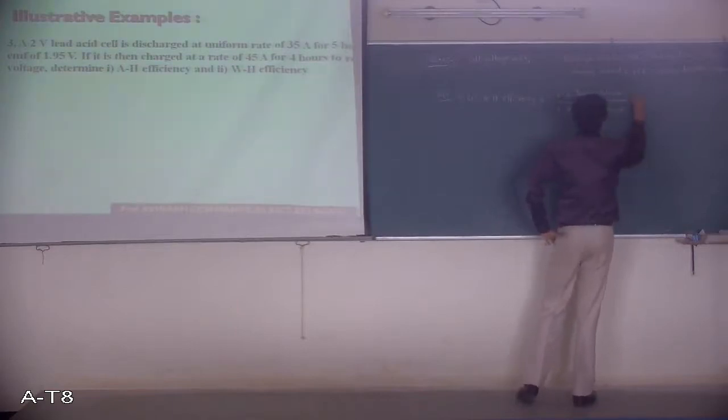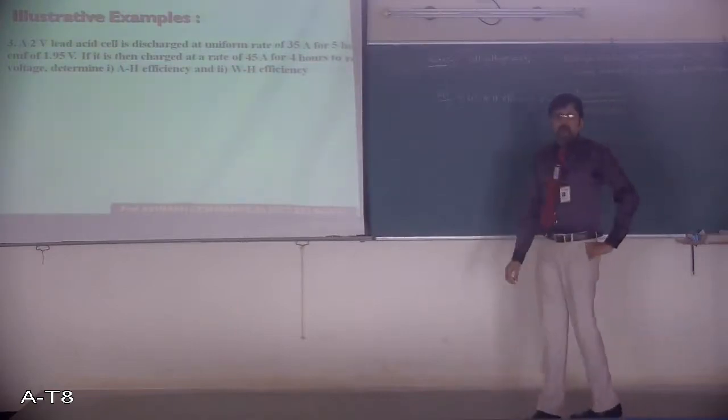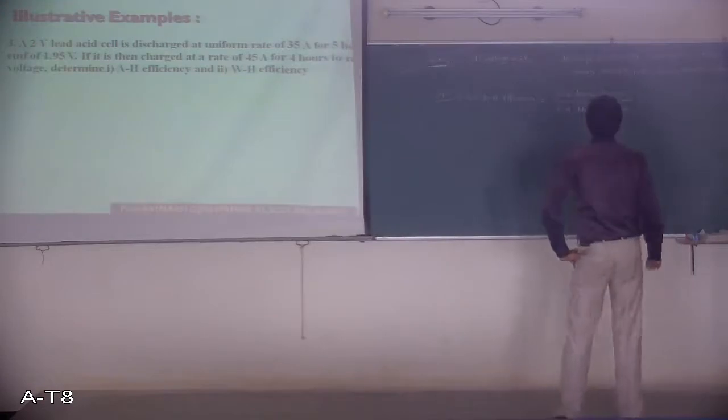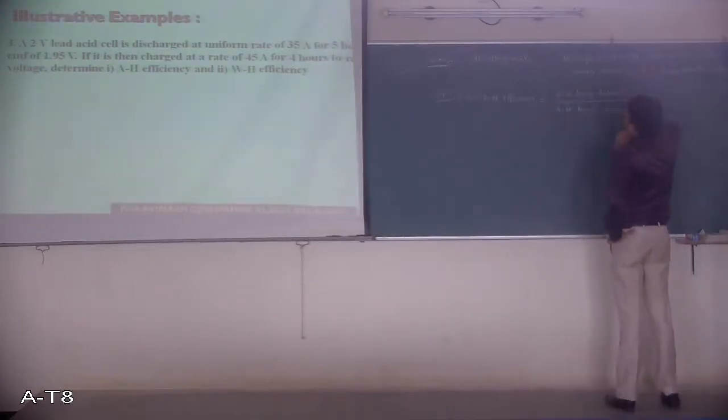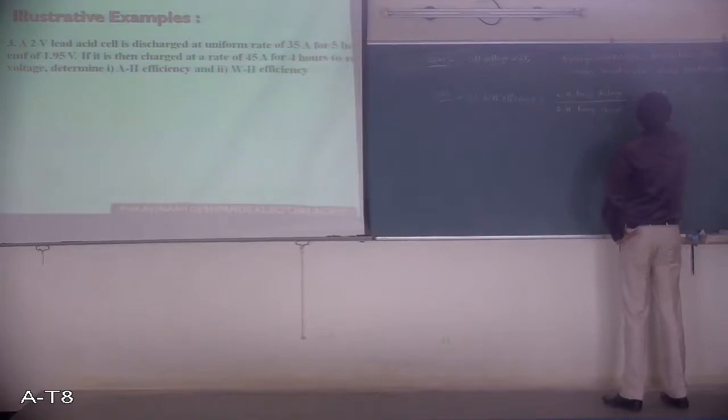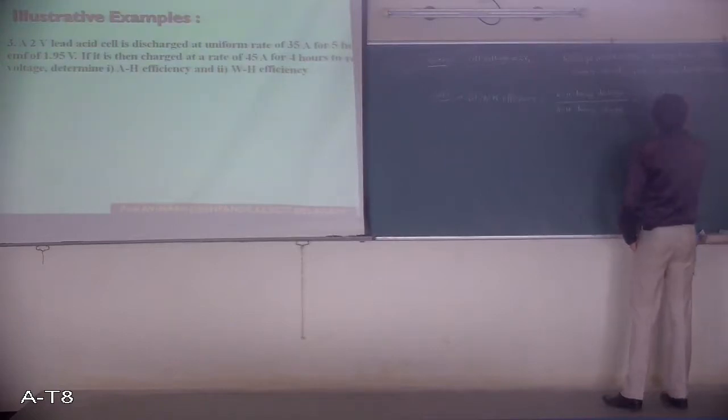Ampere hour during discharge is the discharge current, 35 amperes, multiplied by discharge time, 5, divided by the charging current, 45 amperes, multiplied by charge duration, 4.